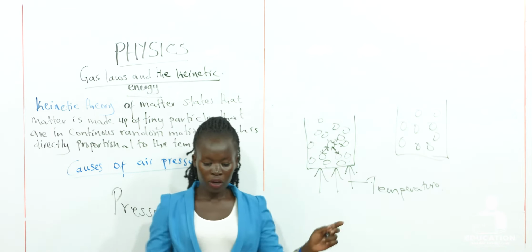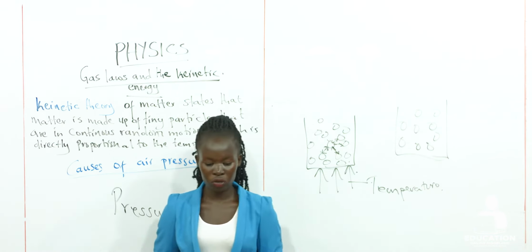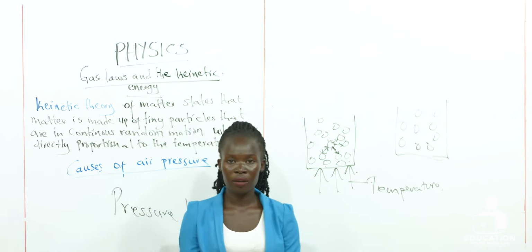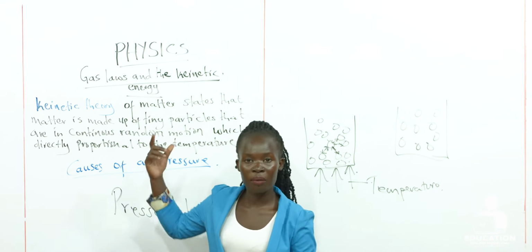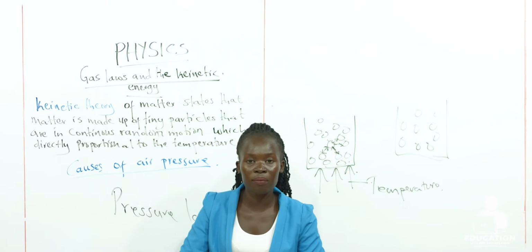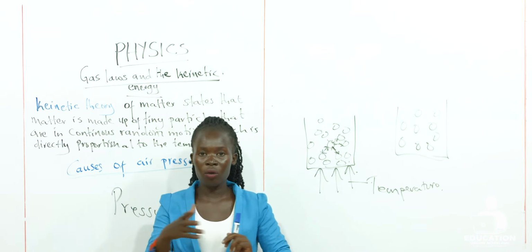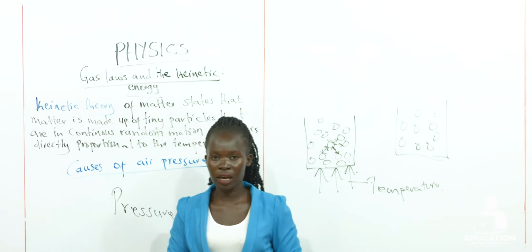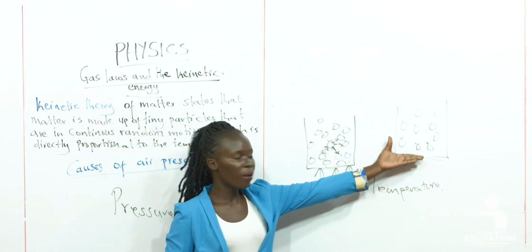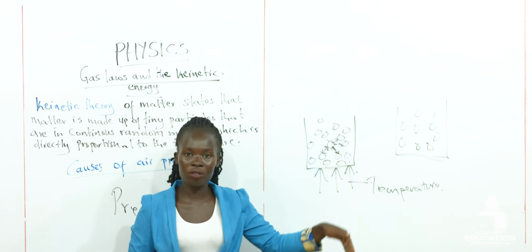So when you decrease the rate of collision between the molecules, you're going to reduce the gas pressure, because as we said before, the gas pressure is caused by the bombarding of these molecules amongst themselves and then the wall of the container. So you see that when you reduce the rate at which they bombard, it means that you have reduced the temperature.